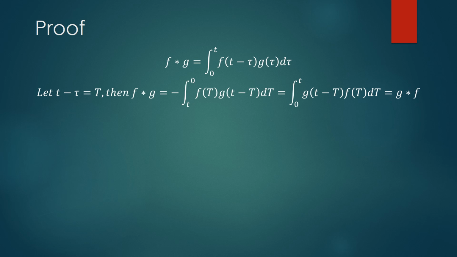Let t minus tau equal capital T. Then f convolved with g equals negative integral from t to 0 of f(capital T) times g(t minus capital T) d capital T, which equals the integral from 0 to t of g(t minus capital T) times f(capital T) d capital T, which is equal to g convolved with f.